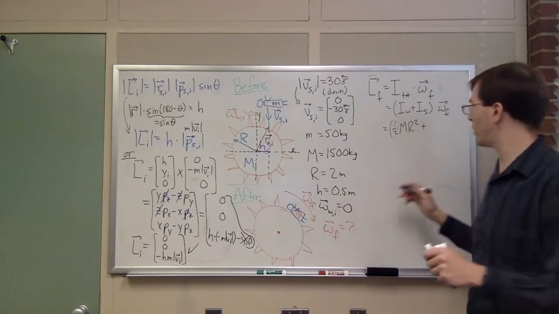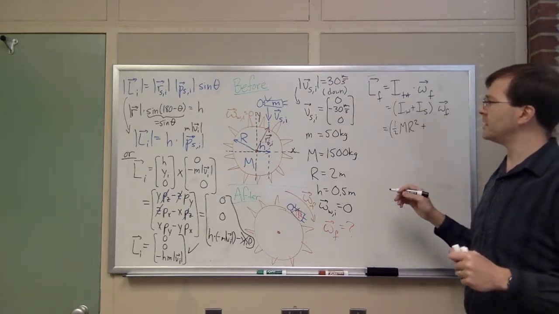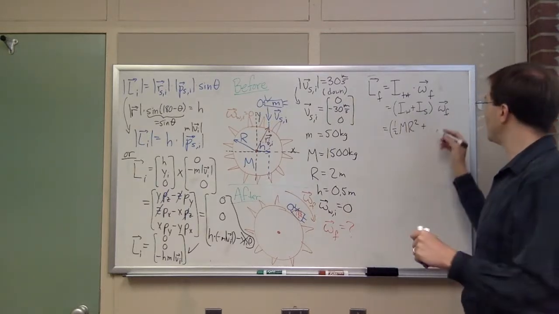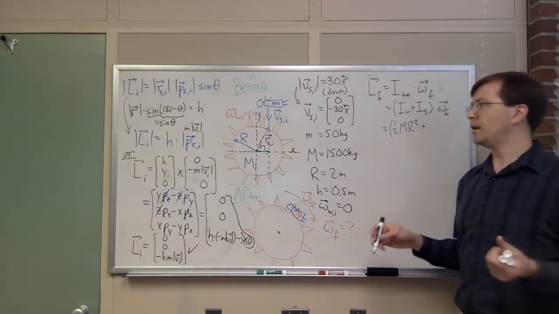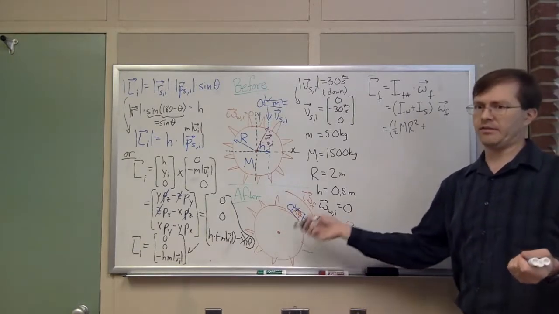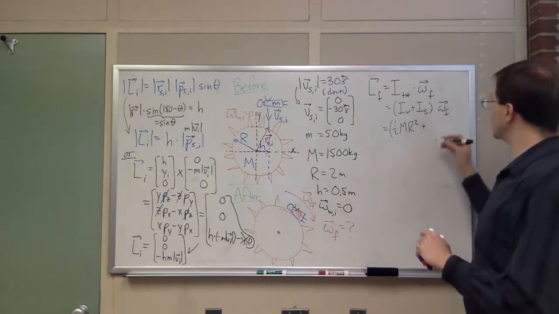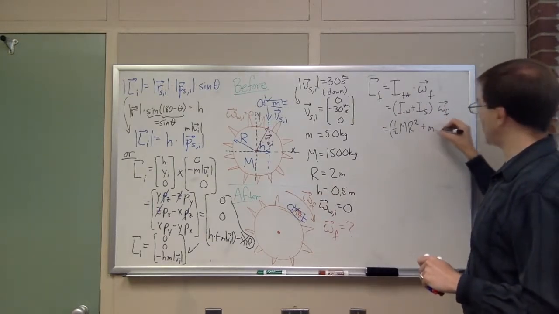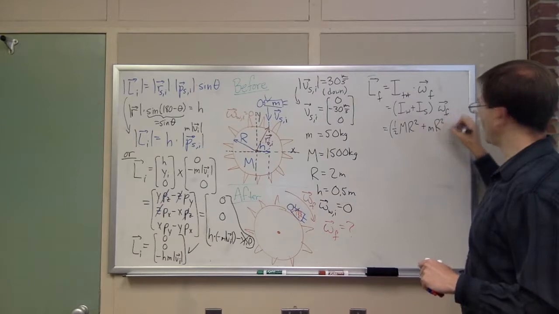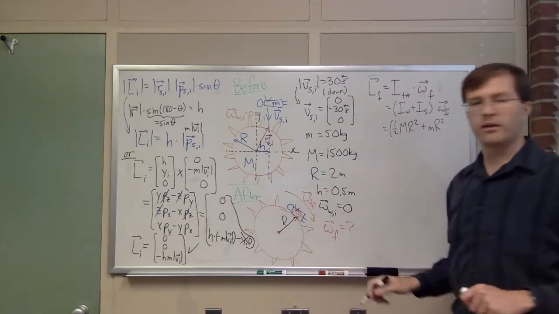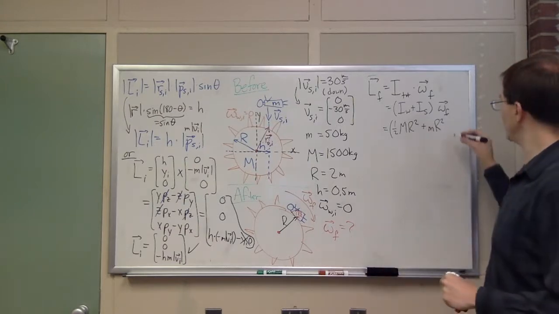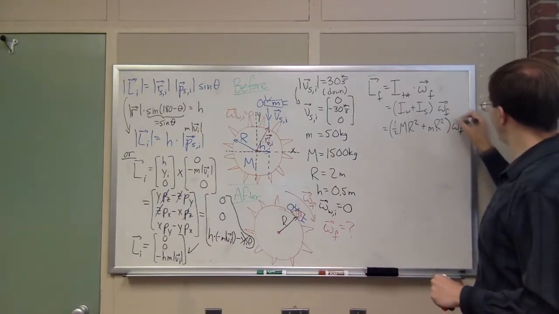Yeah, it's dubious, but point enough. And for a point particle, remember the moment of inertia around a point, at least if it were symmetric, or waving your hands a little, is going to be little m times the distance squared, r squared, because he's a distance r away from the center in that picture, times omega final.